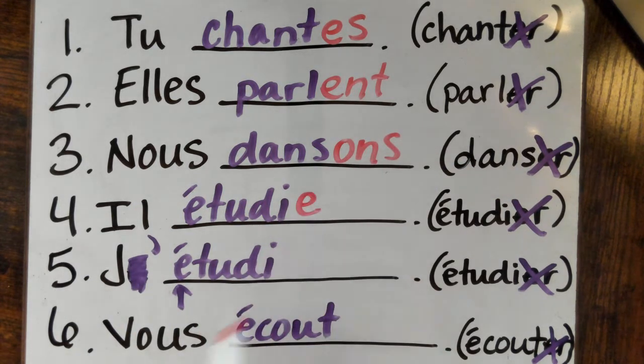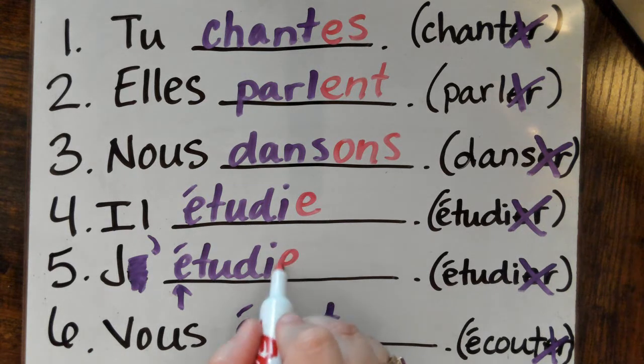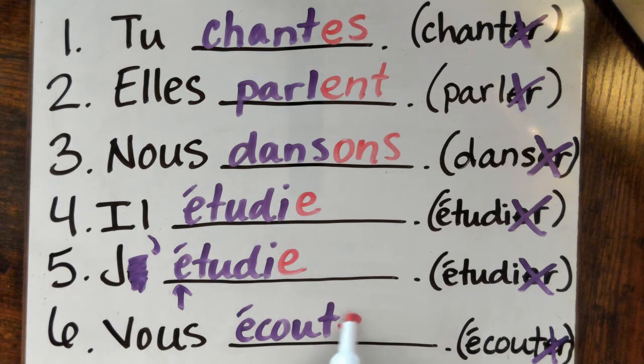Il, E. Je, E. Vous, EZ. Okay, so I did that by finding the stems first and then added the endings second. I just did all 6 of them with the stem and then all 6 of the endings. You can do them either way, but I want you to see that finding the stem is the same process for every single one of these.